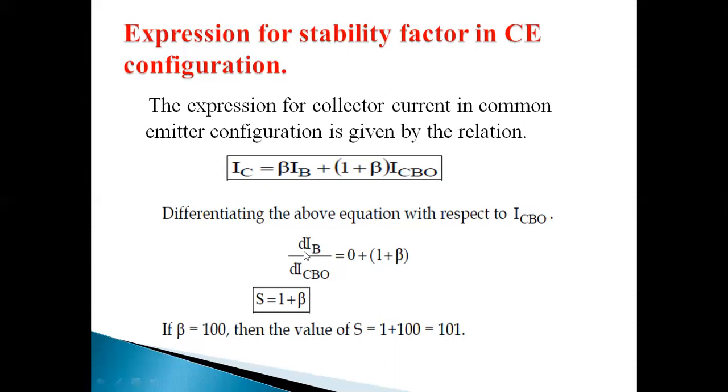So delta IC by delta ICBO can be written as the stability factor S. It is given as 1 plus beta.